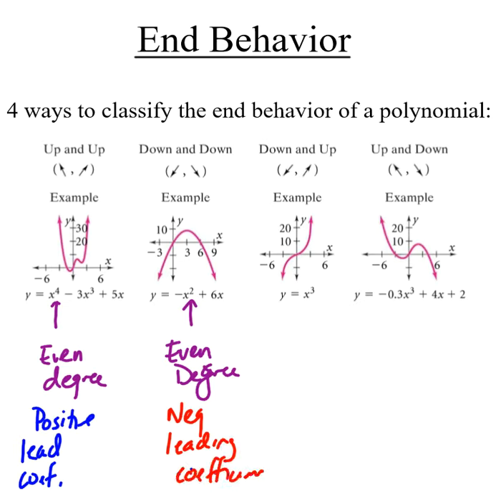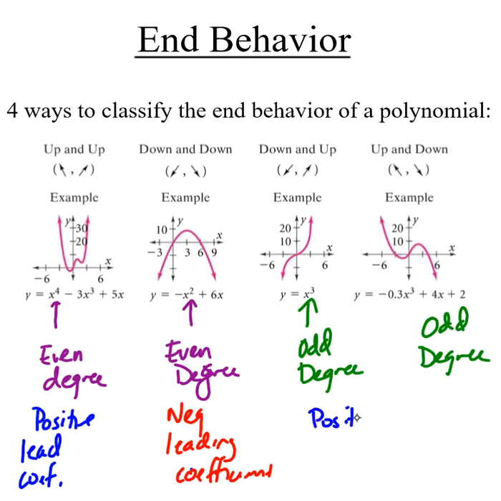That's what creates it to go down instead of up. For my down, up, and up, down, hopefully you notice that these both have odd degree. And again, the down, up has a positive leading coefficient, and the up, down has a negative leading coefficient, from that reflection basically in the factored form.